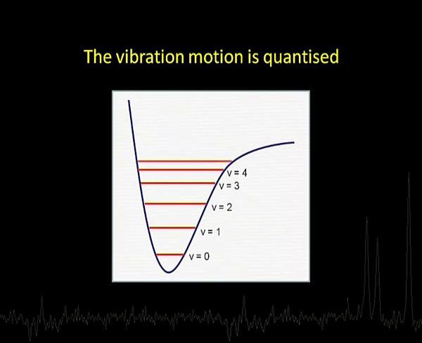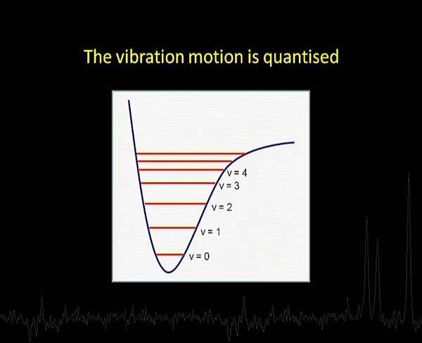This is a representation of the different possible energy levels of a vibrating molecule. We will not get into the details of this expression here. We will learn about it in your third year, when we talk about vibrational spectrometry in terms of the physical part of it, the quantum mechanical treatment.